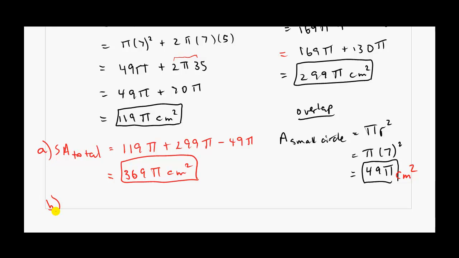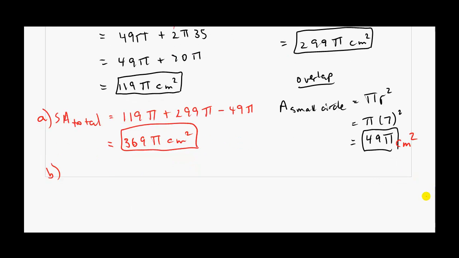Part B, we will use our scientific calculator, multiply 369 by pi. When this happens, we get 1159.247 and so on.